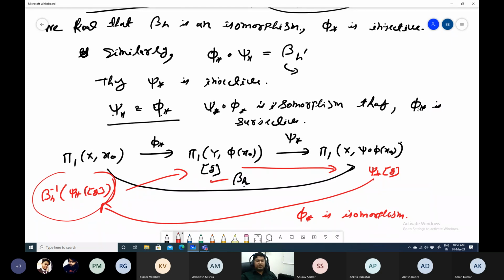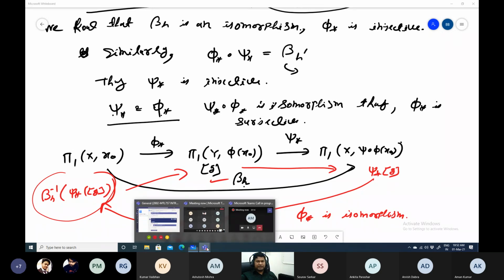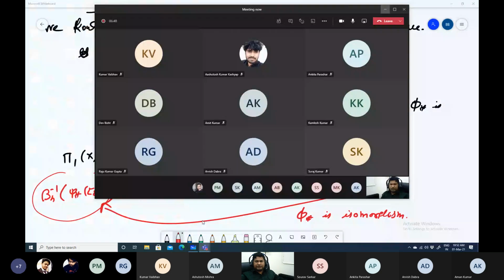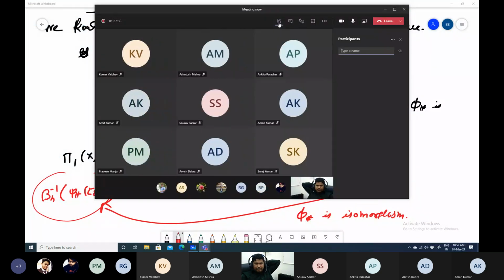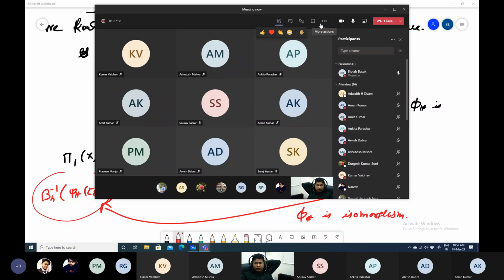So I will give you the idea and the logic behind all of this. I will quickly go through the outline of the proof of the Van Kampen theorem, and we will see some applications as well in the next lecture. So anyway, any questions?